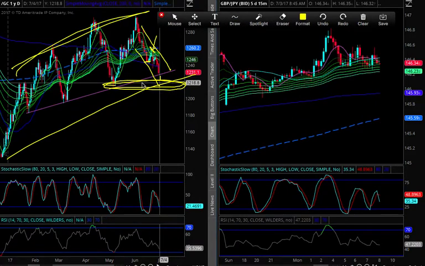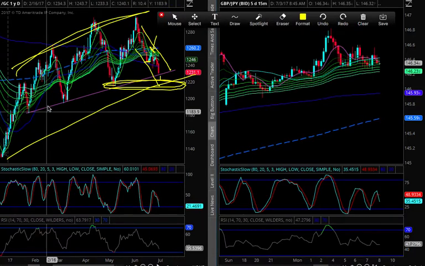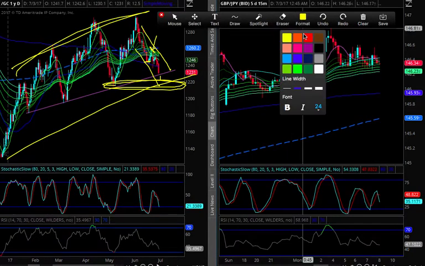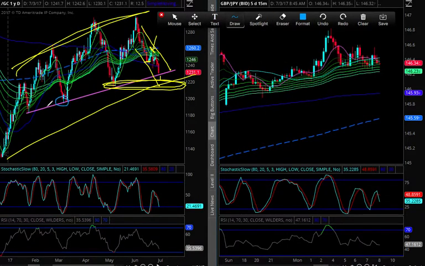So anyway, if we can't hold 1220, then that's going to open the door to you have these two spots of support. But really, if we take this out, it opens. There's a lot of room to fall back below 1200.